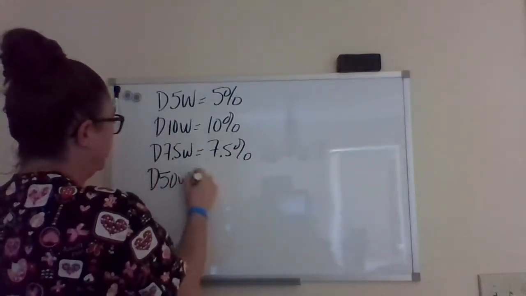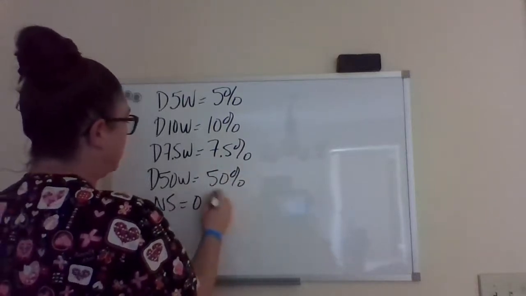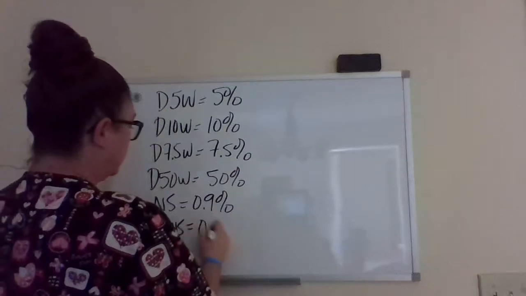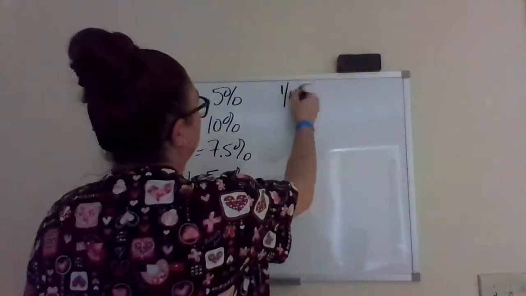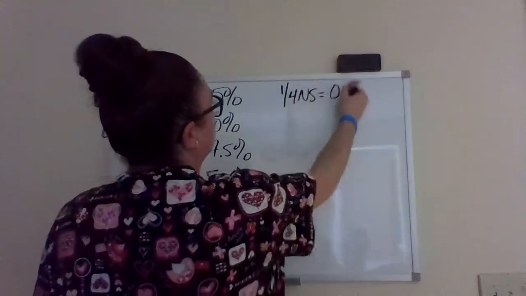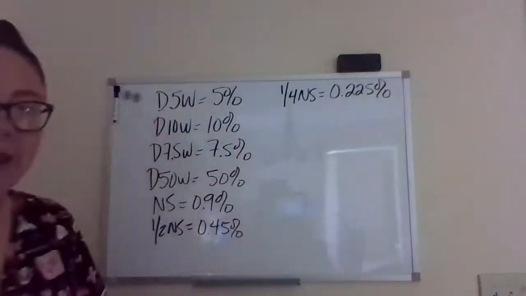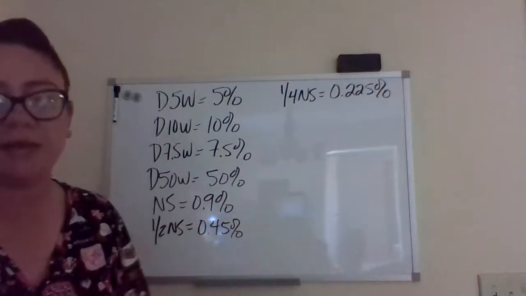D50, 50%. Normal saline is 0.9%. Half normal saline is 0.45%. Okay? Again, I would write these down. This is what these represent.